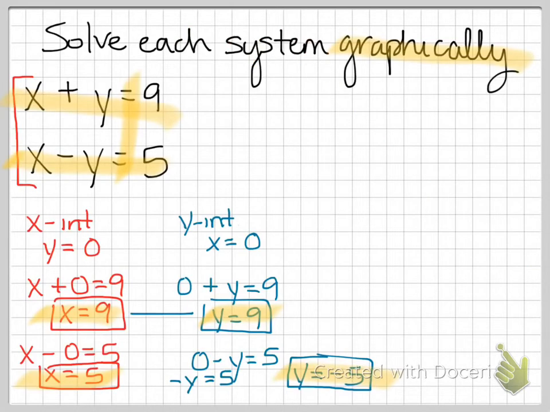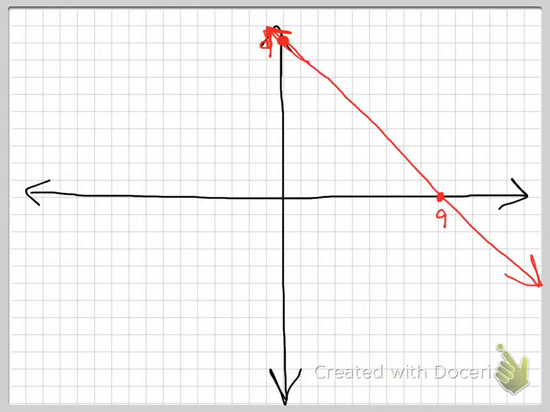All right, so the second line has x equals 5 and y equals negative 5. So x equals 5 is here, that's a 5. And y equals negative 5. So now, just like this, you're going to want these lines to be super straight, because mine's probably not going to cross in the exact right spot.